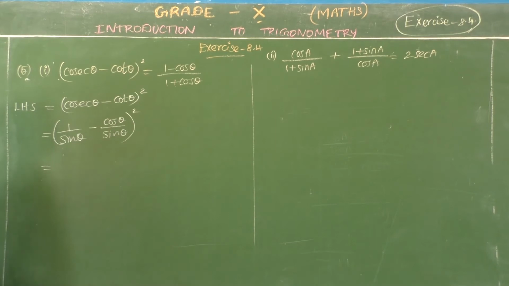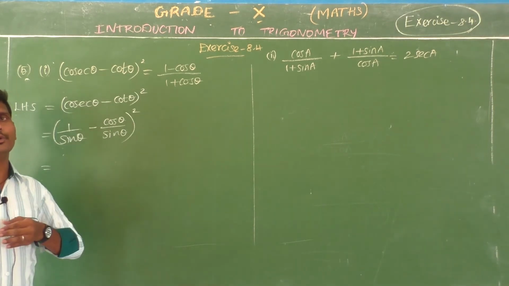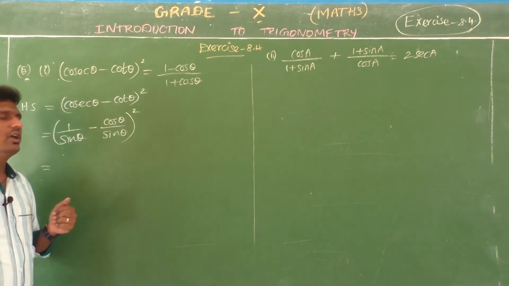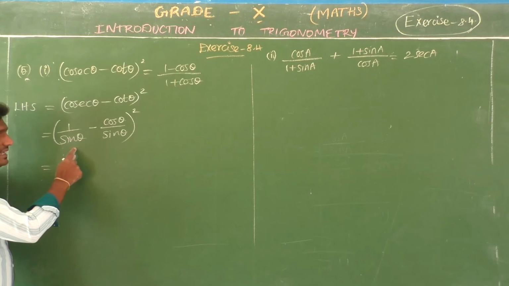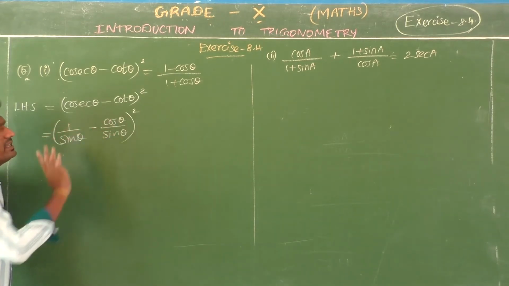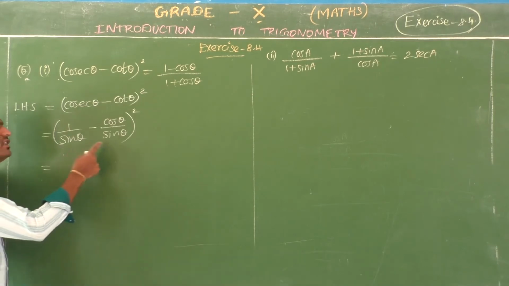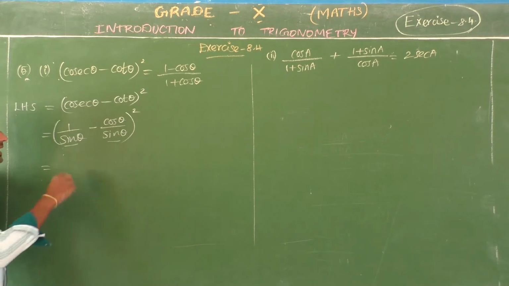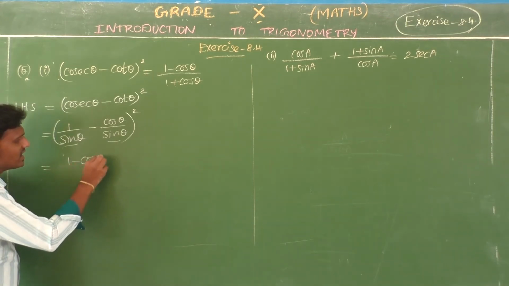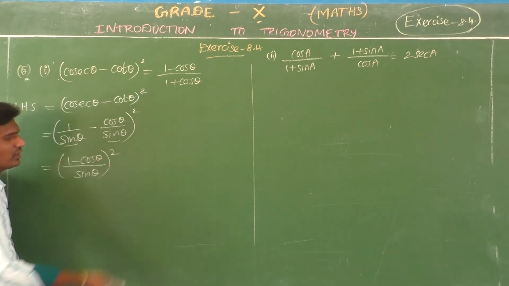As per the BODMAS rule, first you have to complete the bracket, then only we square or cube. Now in the bracket you have 1 by sin theta minus cos theta by sin theta. Look at the two fractions, you have the same denominator. So I am taking 1 minus cos theta whole divided by sin theta, the whole square.